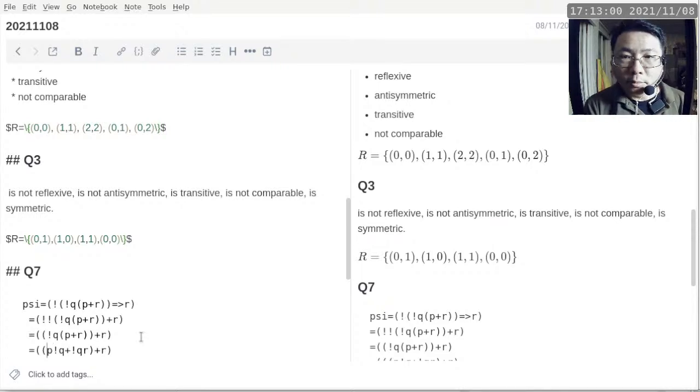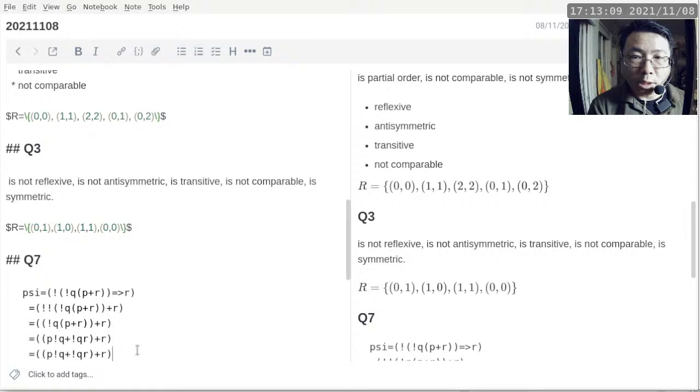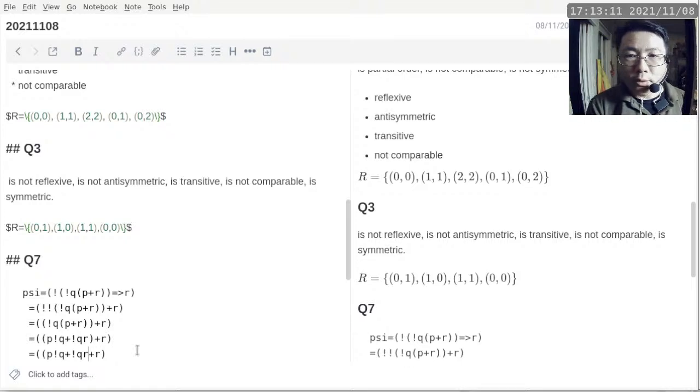Now we got this, and then the plus R. We can remove the extra parentheses here because of the associative law. So without these, we have a gigantic OR operation.